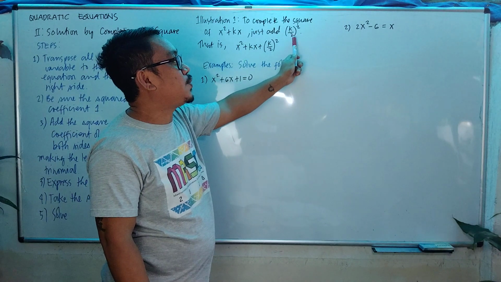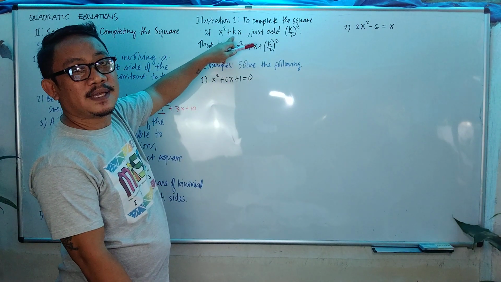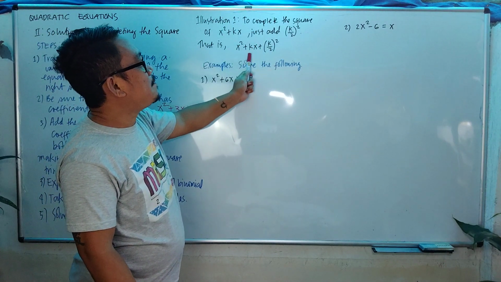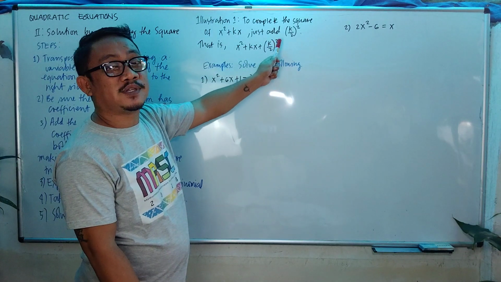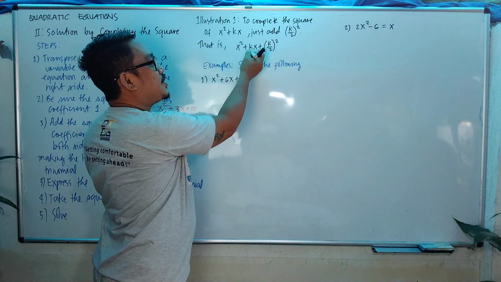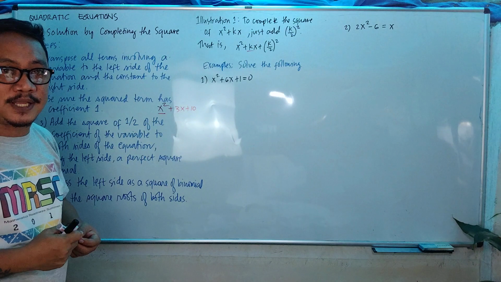So x squared plus kx plus k over 2 squared, where k is the coefficient of x. That is the meaning of step number 3.